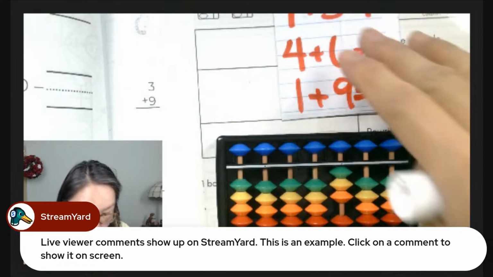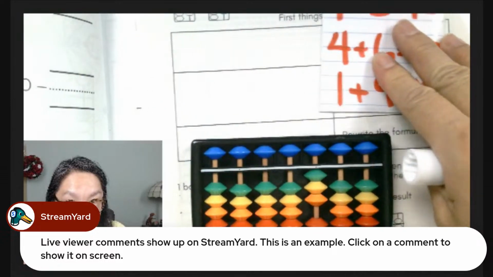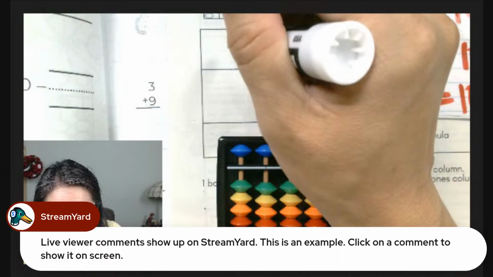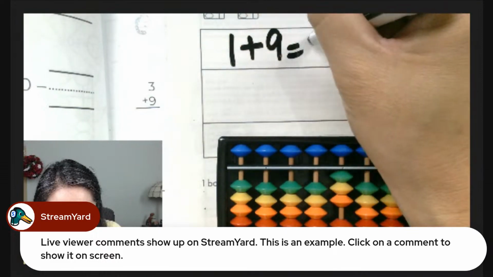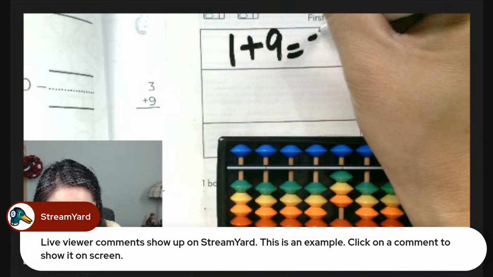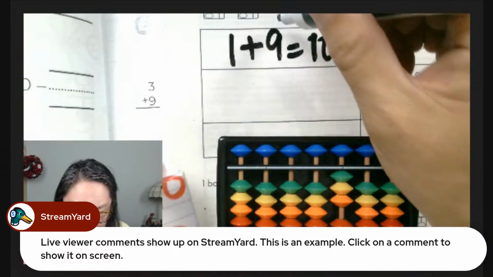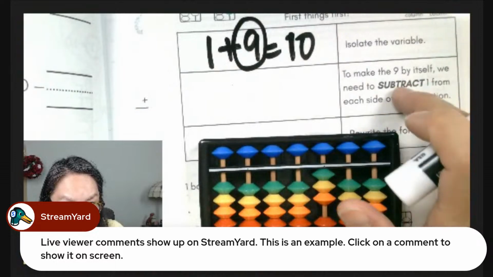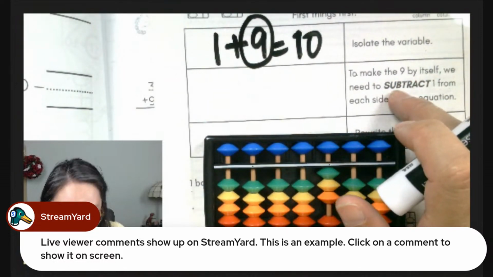Now we're going to do a little bit of algebra. Abacus is the gateway to complex math. We have a number sentence: 9 plus 1 is equal to 10. What we're going to do is isolate the variable, meaning we're going to make it by itself.